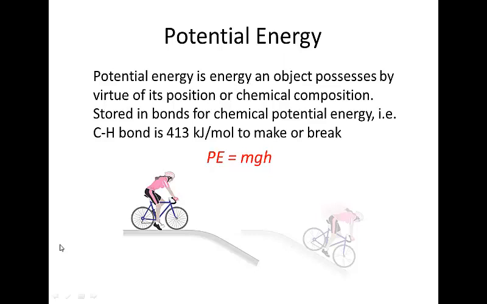In chemistry, the potential energy is technically in the bonds between two atoms. For example, a carbon-hydrogen bond would have to absorb 413 kilojoules per mole of energy in order to break, or it would release 413 kilojoules per mole in order to make that carbon-hydrogen bond. So in chemistry, the potential energy is in bonds.